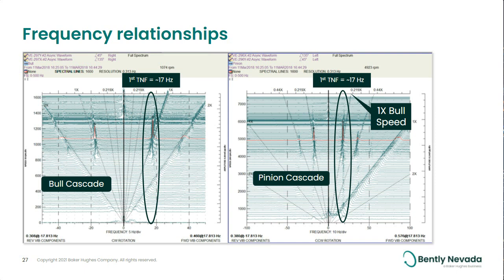So that's not really running speed of that pinion, but it is affected. So when I'm looking at cascade plots, I'm always looking at horizontal and vertical relationships.